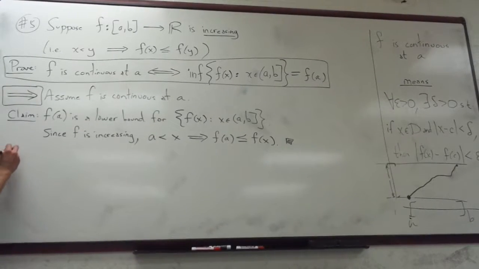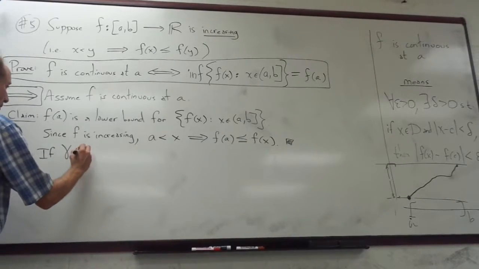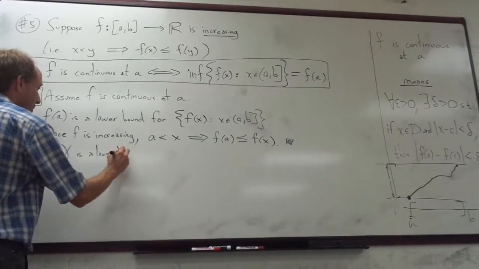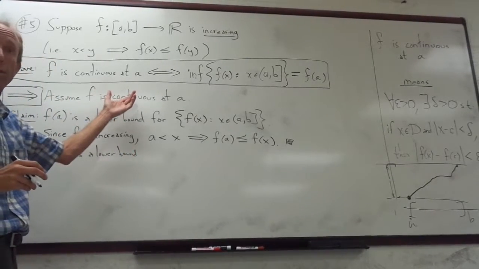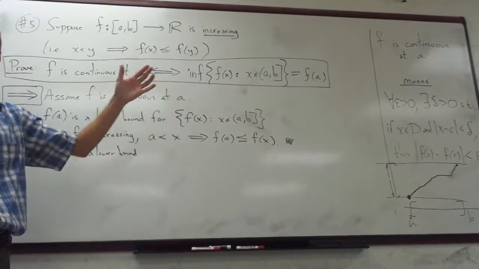Okay, now what I need to do next is I need to claim if gamma is a lower bound. By the way, that first part did not even use the assumption. We didn't even use the fact that f is continuous at A yet.